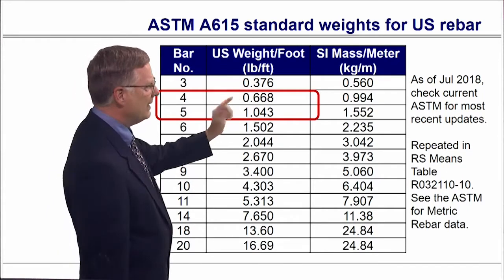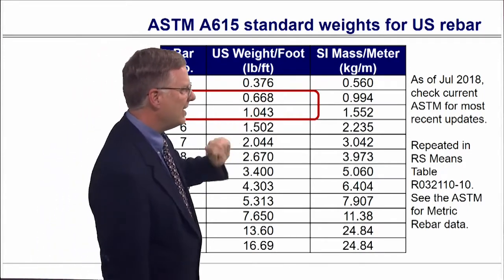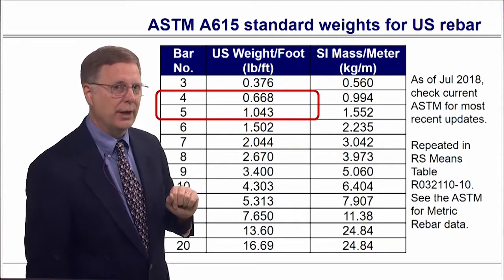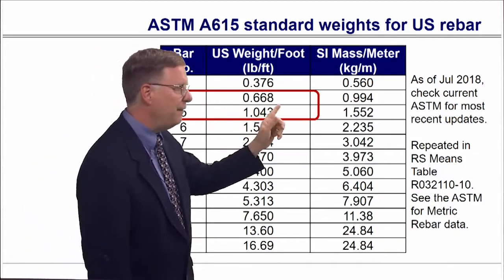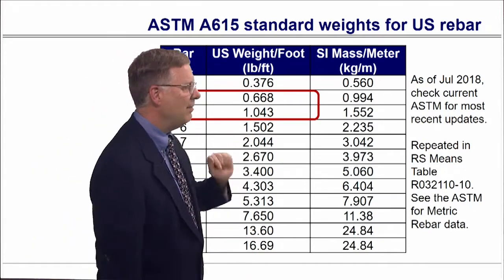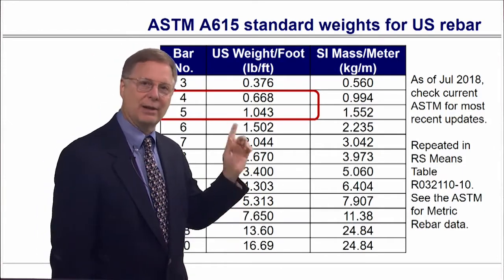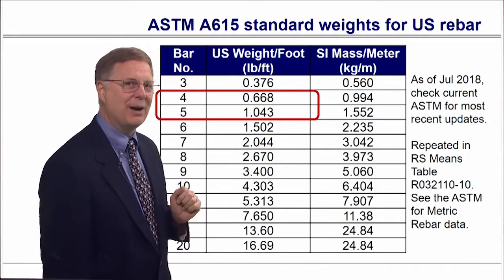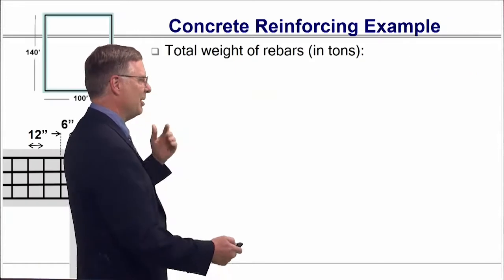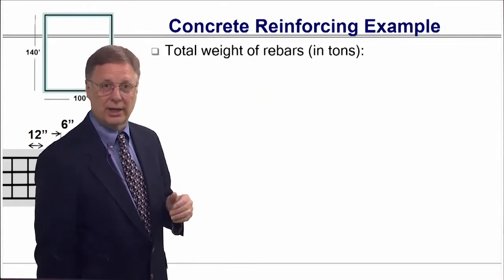So we're going to find out that a number 4 bar is 0.668 pounds per foot. So if I know how many feet, I know how many pounds. Number 5, 1.043 pounds per foot. So if I know how many feet, I know how many pounds. Let's carry those over and figure out what the total weight of our bars are in tons.